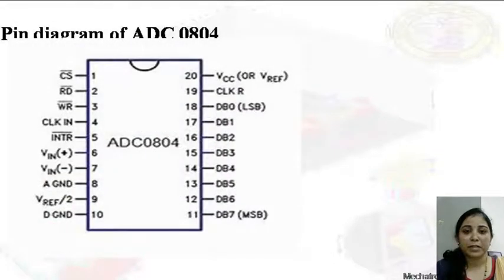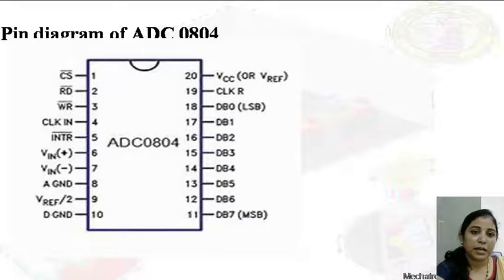This is the pin diagram of ADC 0804. This ADC 0804 has 20 pins and it is a dual inline package. The main pins to be noted here are data pins from DB0 to DB7, so it is 8-bit data.